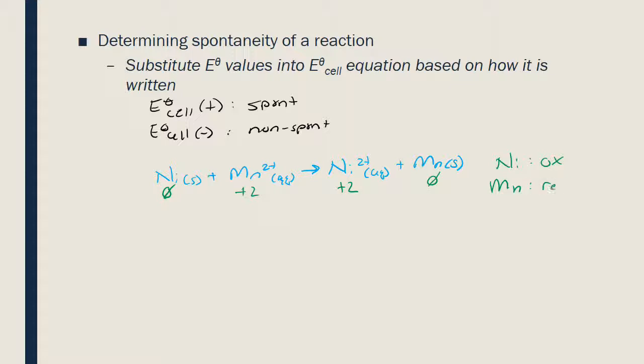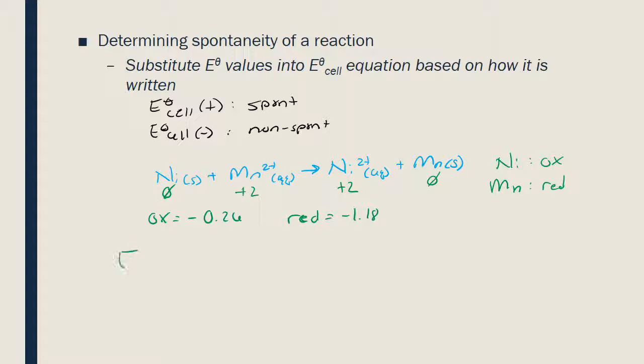Manganese is becoming reduced because it's becoming more negative. So we need to look, and our oxidized species has a value of -0.26. Our reduced species has a value of -1.18.